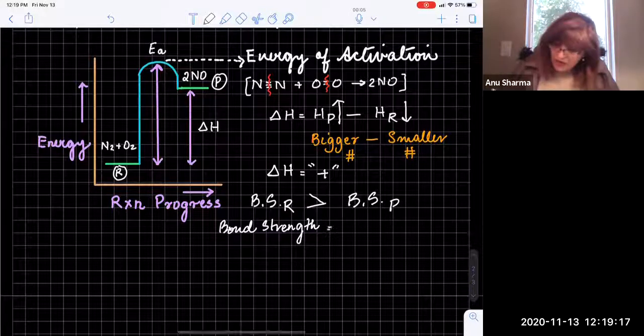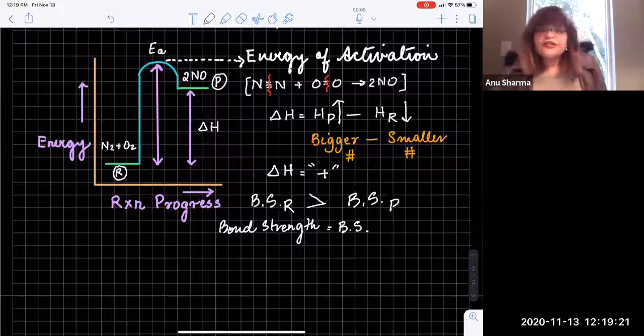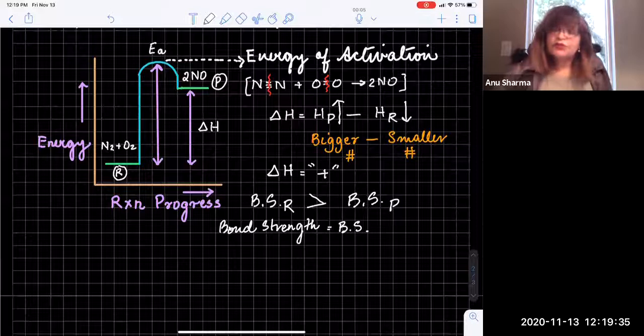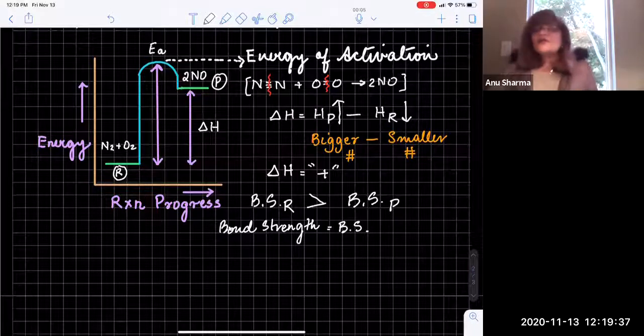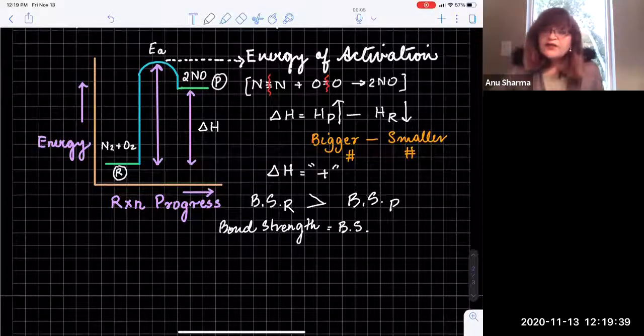Now you can see that the bonds are already very strong in the case of the reactant. So triple bond is a strong bond, double bond is a very strong bond. In order to break these 2 bonds, you have to provide a lot of energy.